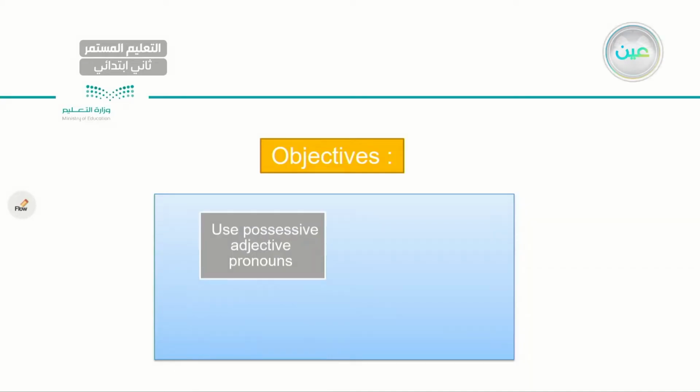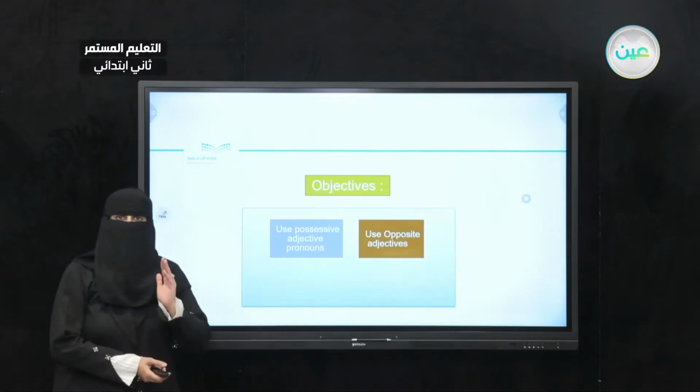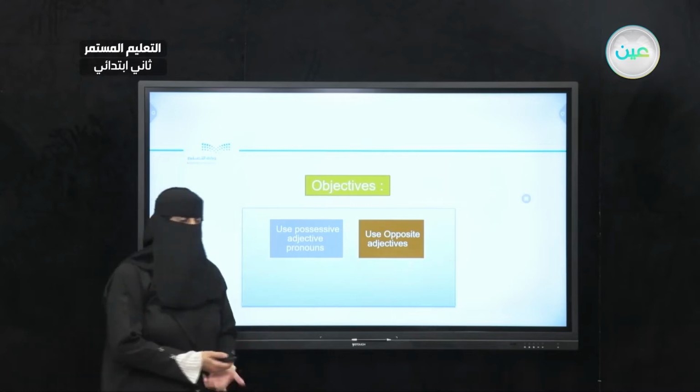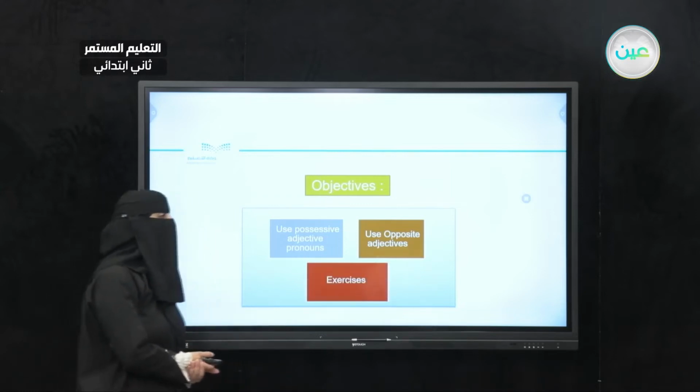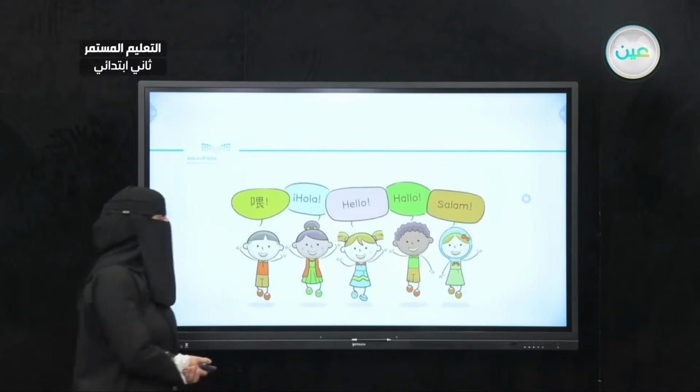By the end of the lesson, inshallah, we will be able to use the possessive adjectives pronoun correctly with different exercises. Learn about opposite adjectives. What do I mean by opposite? For example, if I say that person is tall, the opposite is short. We will be giving more examples. Also, we'll be doing a lot of exercise and we will be having fun.